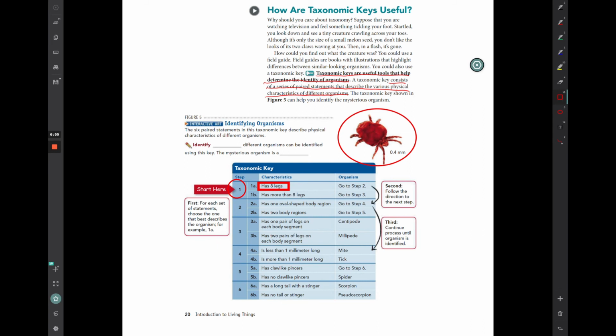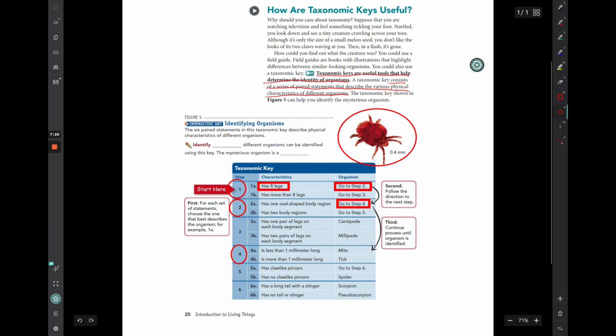So then we do what it says, which is go to step 2. Now we go down to step 2, read the first choice. It has one oval-shaped body region, or it has 2 body regions. Looks to me like it has only one oval-shaped body region, so we will go to step 4. That means we skip 3, we go down to step 4.